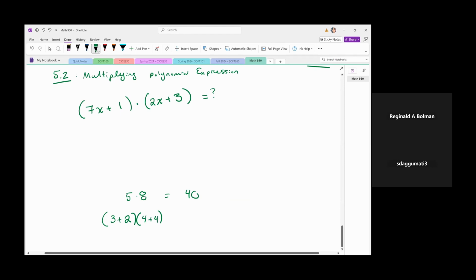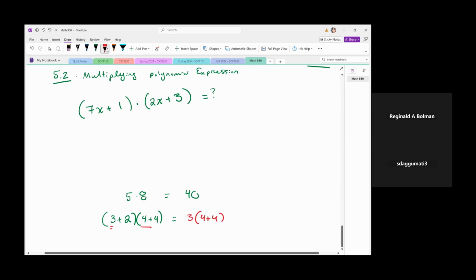So the question is, how can I multiply 3 plus 2 in such a way with 4 plus 4 that I yield the number 40, which is what everybody should agree is the result of 8 times 5?